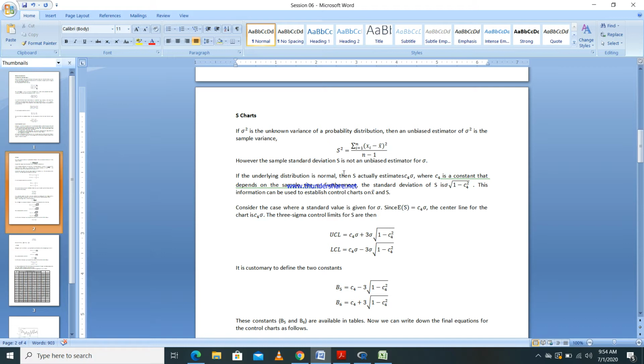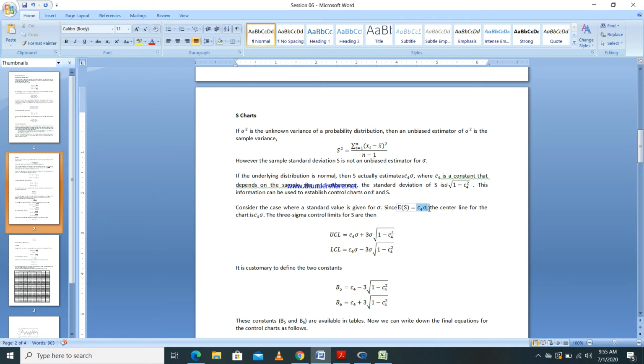So the special case is, if you know the population standard deviation and you want to calculate the control limits for the S chart using the population standard deviation, in that case the center line is equal to C4 times sigma.